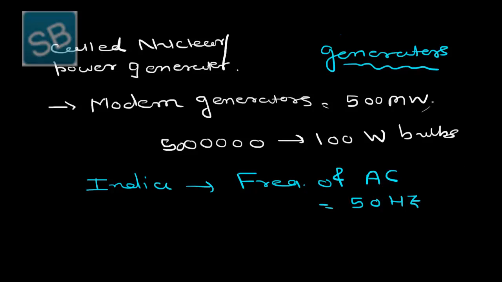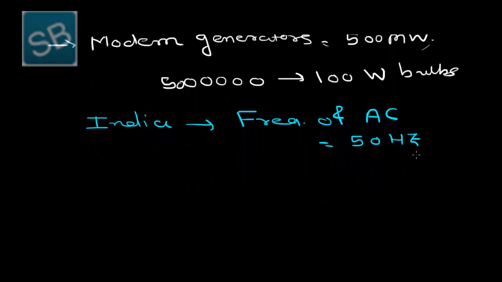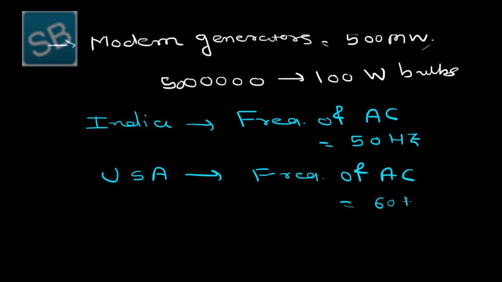So what will be the angular velocity? It is 2 pi f, so it is 100 pi. And in certain countries like USA, the frequency of AC is equal to 60 Hz.